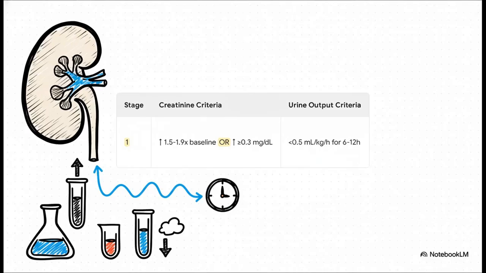All right, let's fill in stage 1. This is the mildest form. For the creatinine, you're looking at a rise to 1.5 to 1.9 times the patient's baseline, or that absolute 0.3 rise we talked about for the diagnosis, that also puts you in stage 1. For urine output, it's less than 0.5 mLs per kilo per hour for a stretch of 6 to 12 hours.